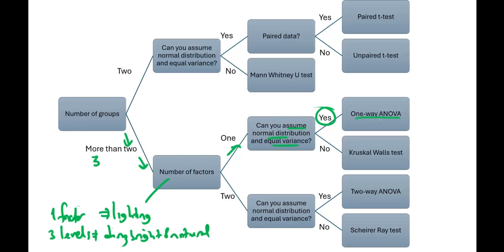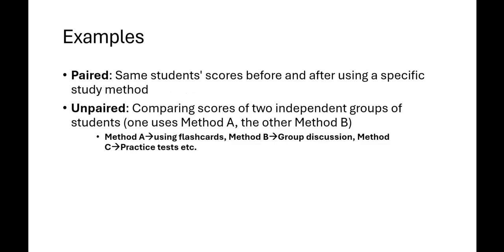That's how it works. But if the number of groups were 2, then we can go this way. Again, we always assume normal distribution and equal variance. And then comes the question: is it a paired test or not? A paired test means that we check the same population before and then after the test.